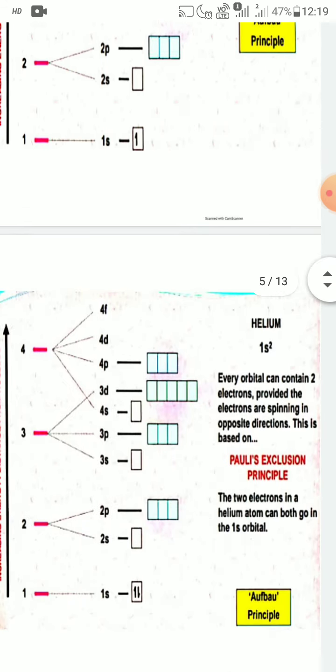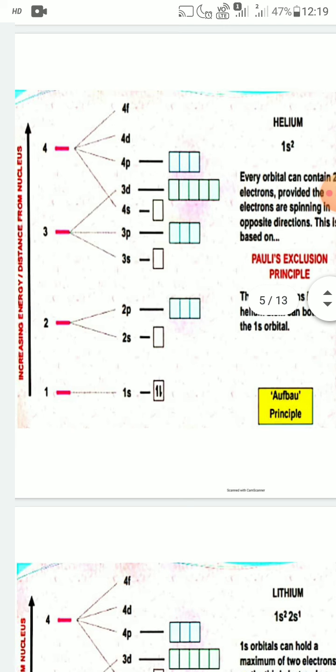Okay. Next, electronic configuration of helium. Helium has 2 electrons. So these 2 electrons will enter into the lowest energy orbital, that is 1s orbital, because 1s orbital can accommodate maximum 2 electrons.